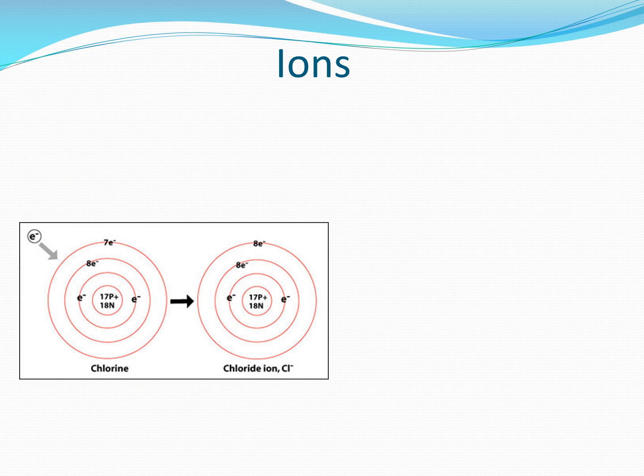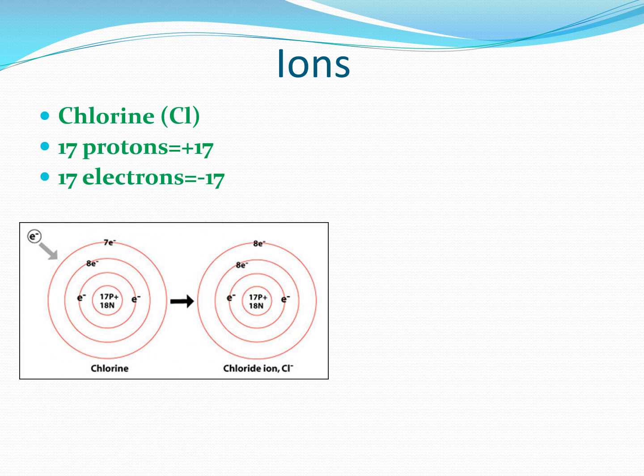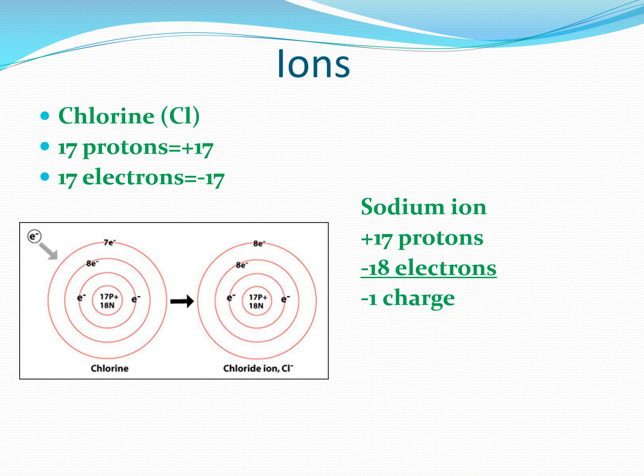In this slide here, you can see that chloride ion actually is different than chlorine because it has a different number of electrons in its outer orbital. Chlorine itself has 17 protons and 17 electrons, and it likes to share with the sodium we just saw.